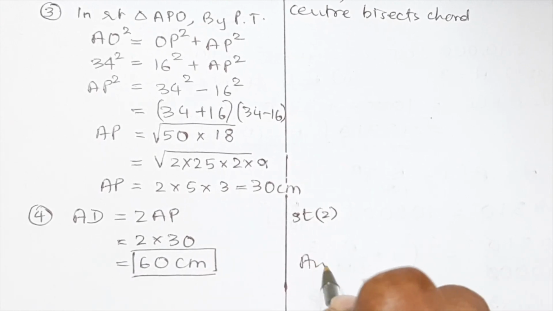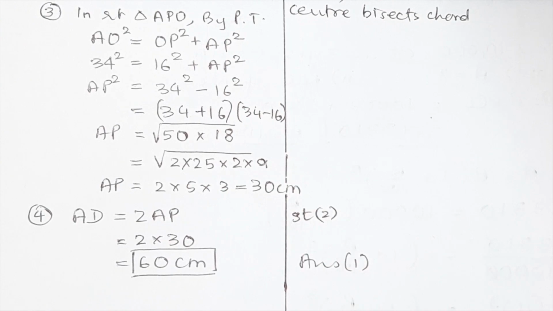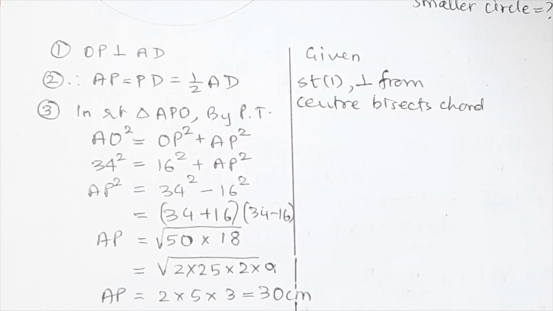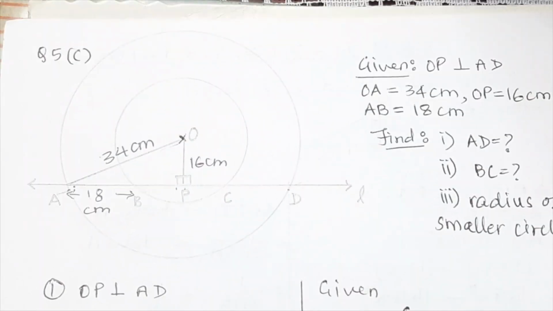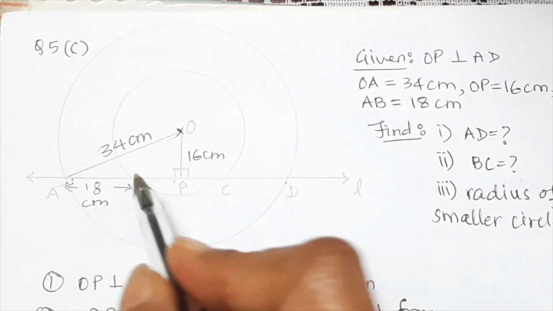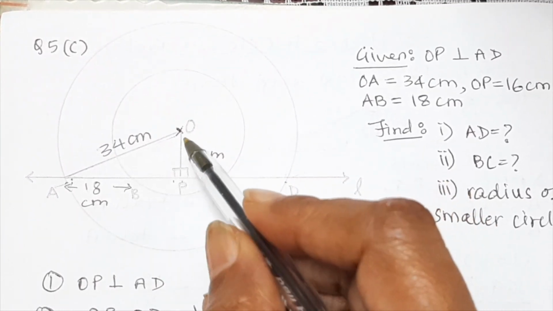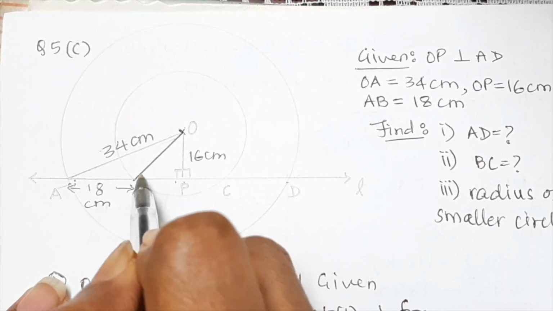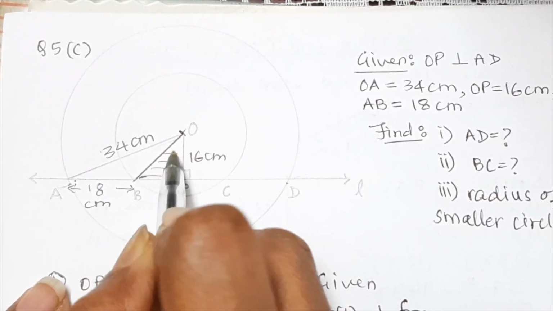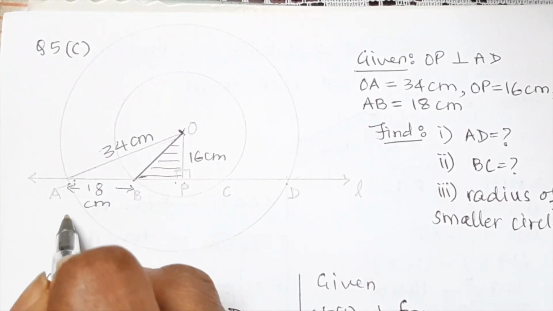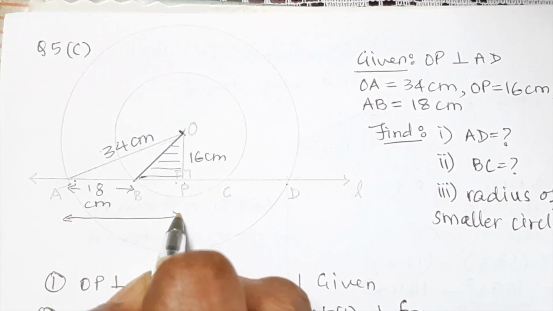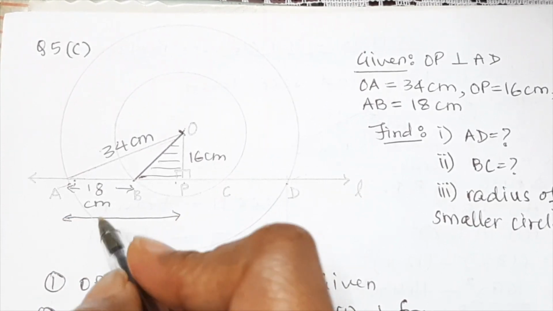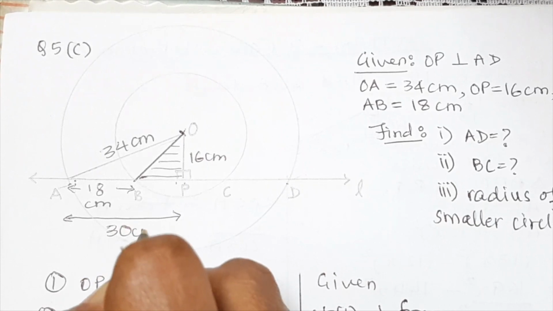And that is our answer 1. Now the second part says BC equal to how much? So let us look at our diagram. We want BC, so we need to use triangle BPO. From here to here, this is AP, and AP came out to be 30 centimeter.